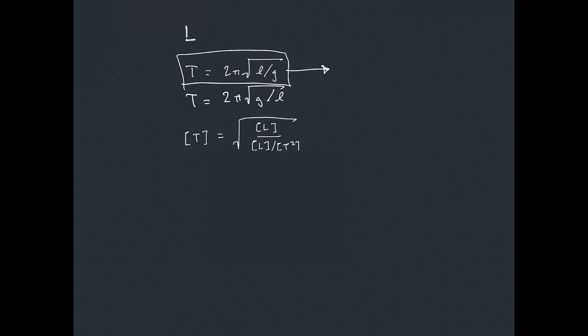And if we simplify, we have the square root of length times time squared over length. So length cancels out, and then we have the square root of time squared, which is just time. So we know that the first relationship is probably correct without having to check the second relationship. And we would go forward with our problem, assuming that the first one is correct.